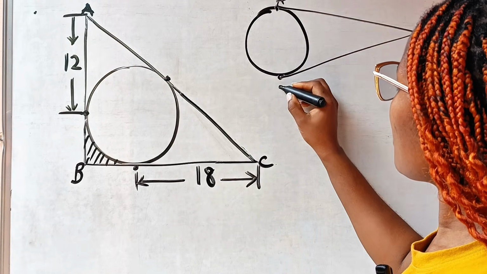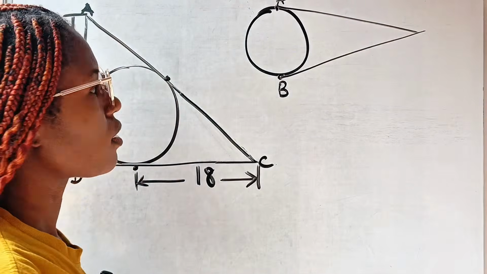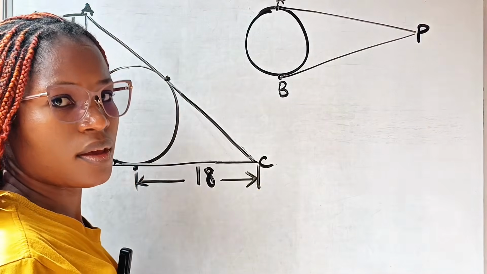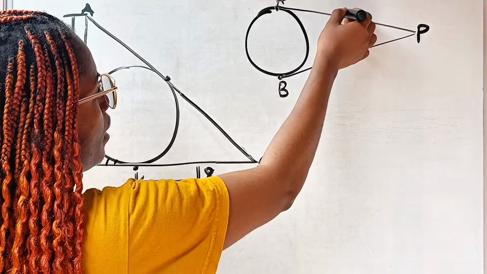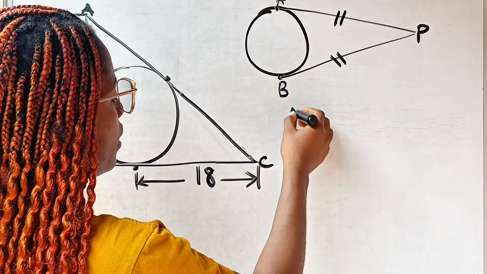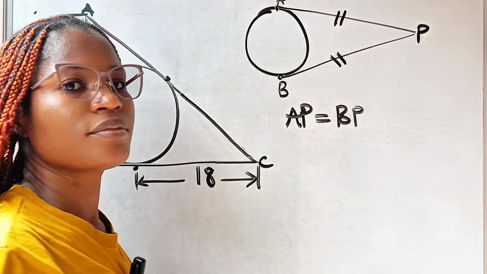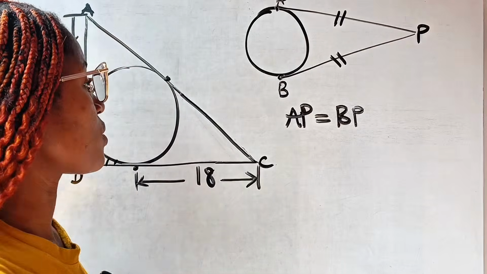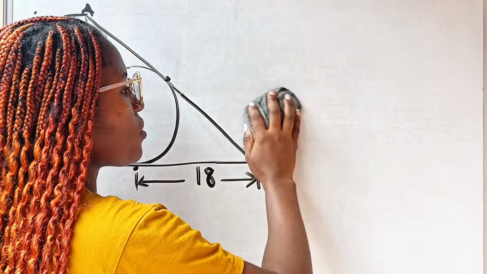If we call the point of intersection P, the theorem says that AP is equal to BP. That is our savior in this question. Without this theorem, I don't think there is another way we can solve this.